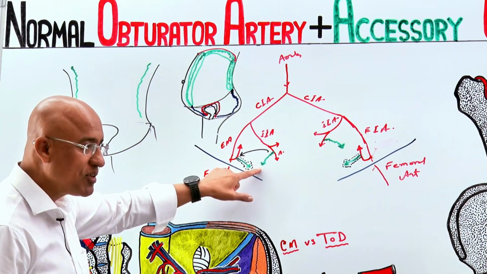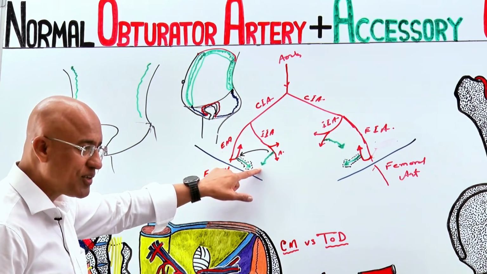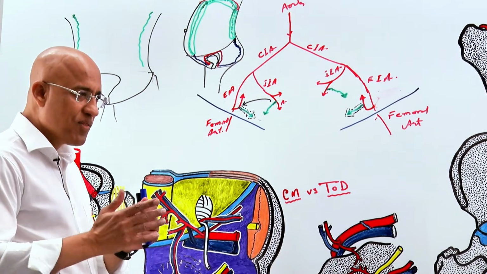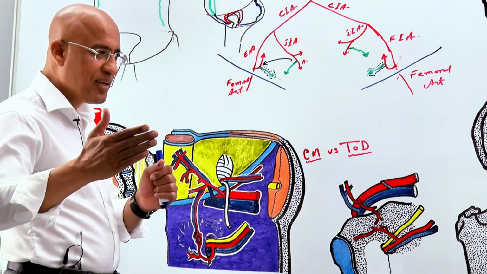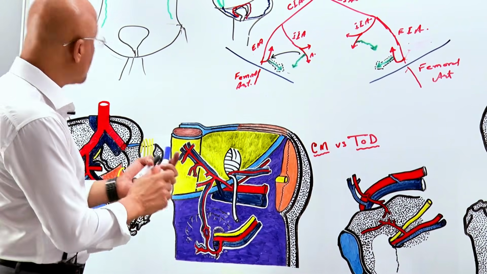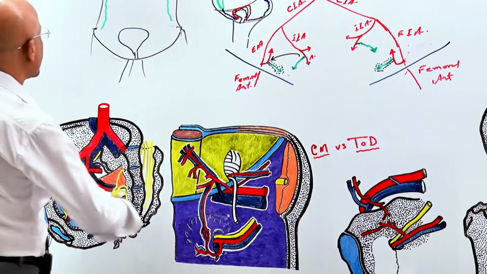And this is how it is arranged. If you move from outer to inner, from the muscle obturator internus, let's suppose, I will make it here.